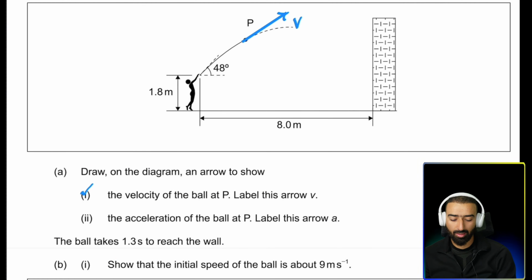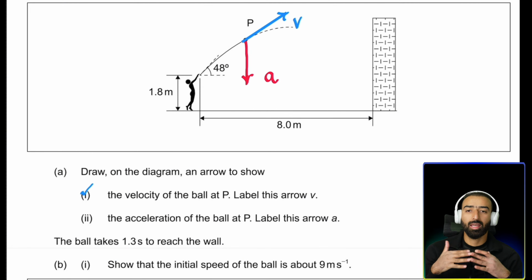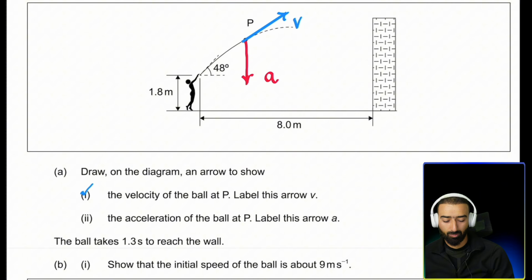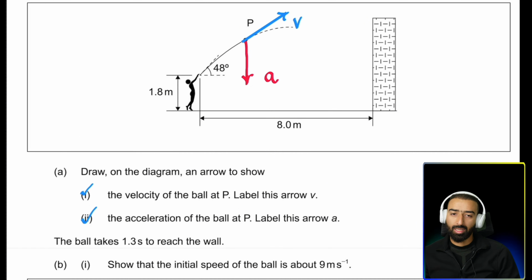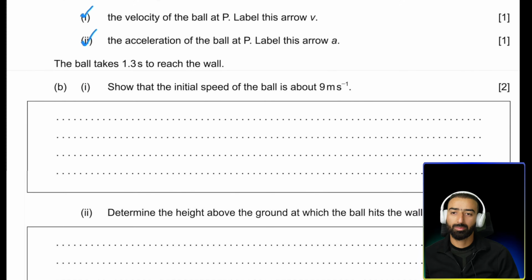So we'll draw a vector for acceleration that goes vertically down and label this as A. In fact, this acceleration is the same as the free fall acceleration, which is equal to 9.8 meters per second square. So that fetches us 2 points. Let's move on to the next part.